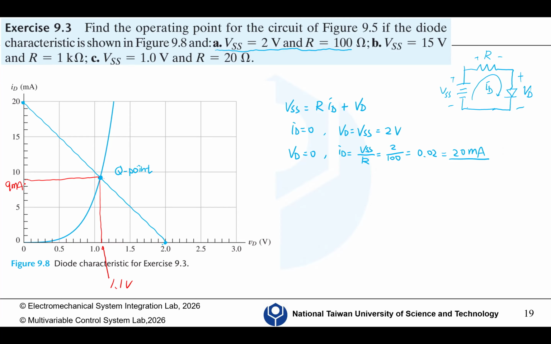Okay, yes. VDQ means the VD at the operating point is 1.1 volts, and IDQ means the current at the operating point is 9 milliamp. So this is the solution of A.